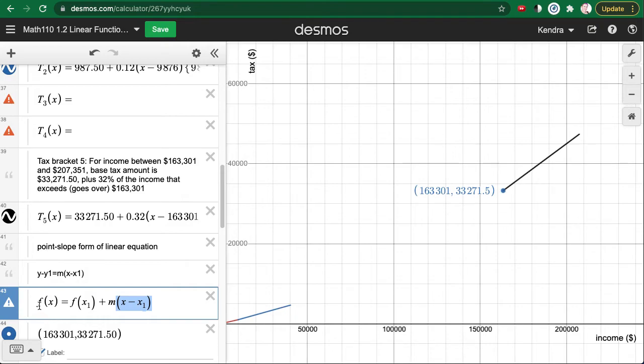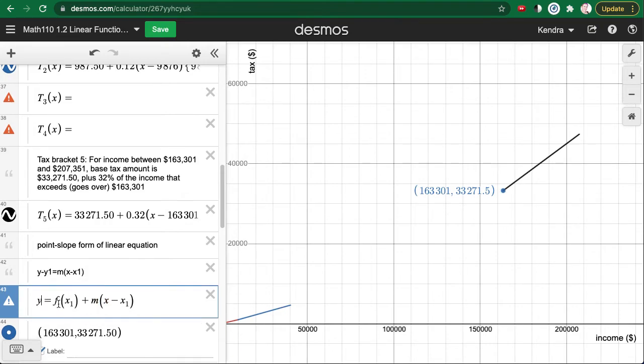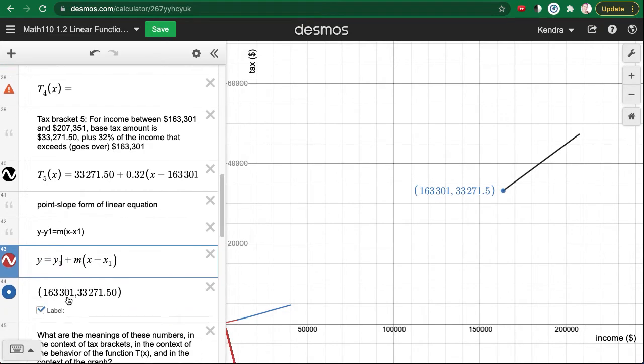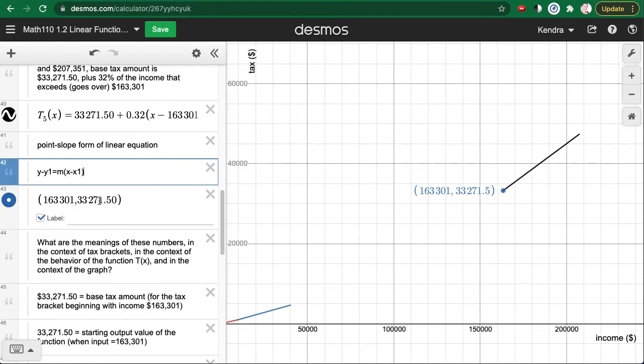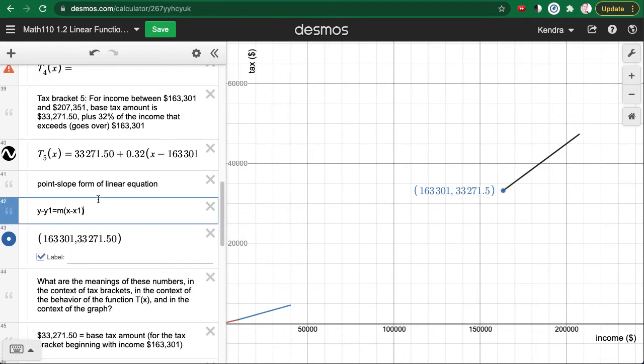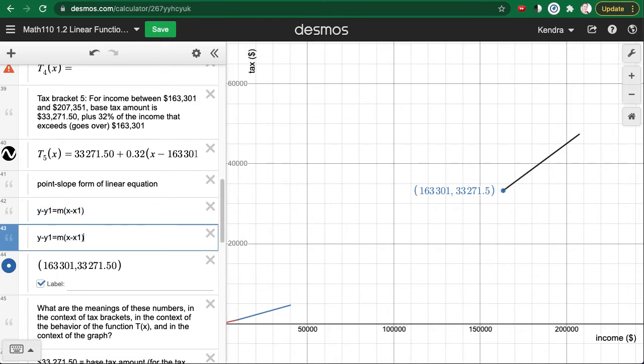Okay, so let me rewrite this as y. All right, and I actually want to get rid of this because there's other meanings of some of these variables later on. Okay. So I'll put this in quotes.